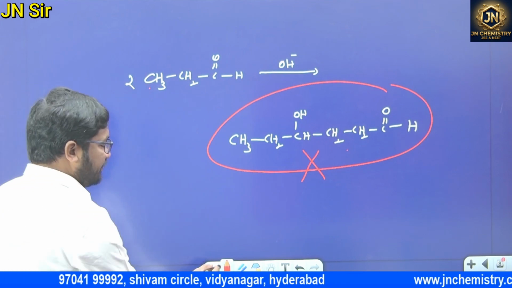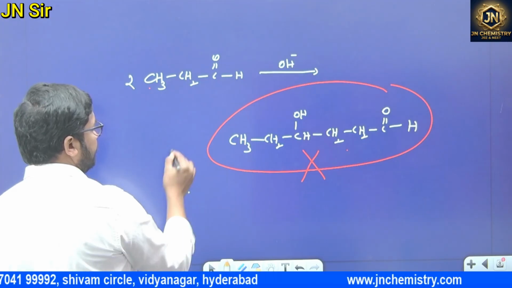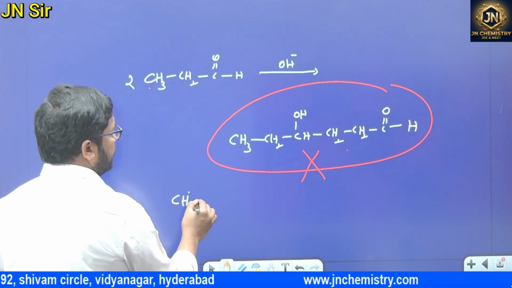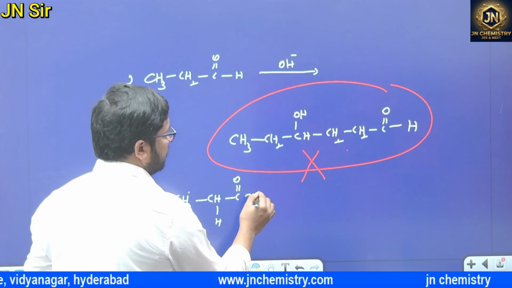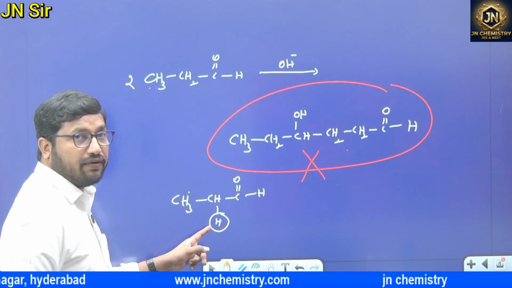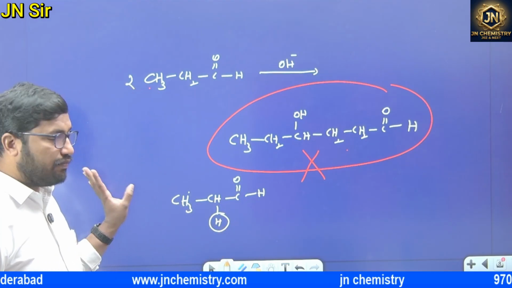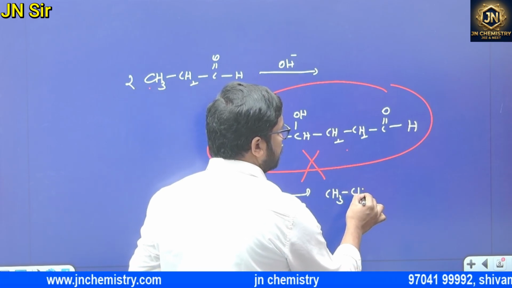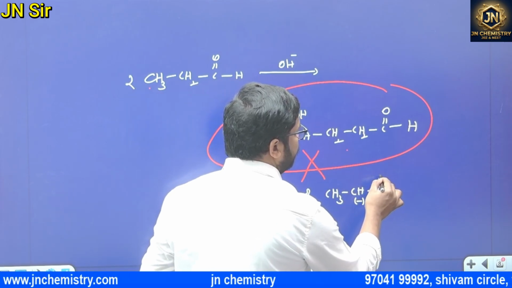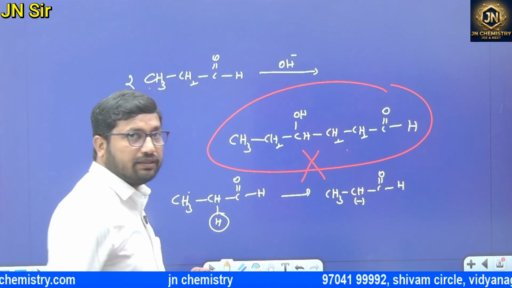What we need to do? Simple. In the first step, CH3, CH, H, C double bond O, H. Simply the alpha hydrogen we need to remove. Alpha. Then CH3, CH, negative charge, C double bond O. That is the first step.